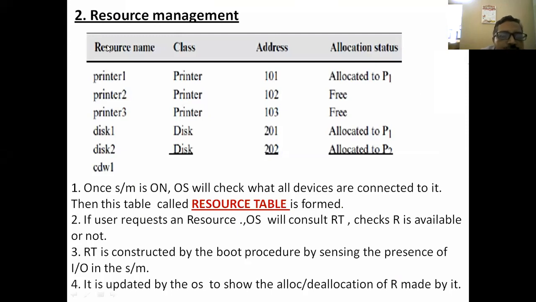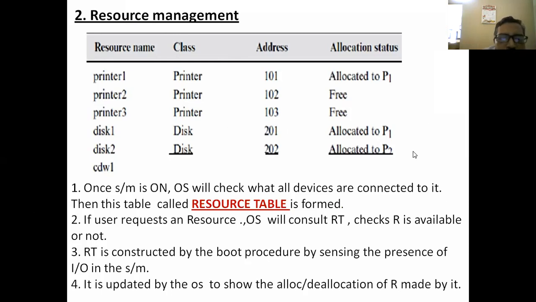Suppose a process or program is requesting a resource for its execution, how will our operating system allocate the resources to the processes, and after the use, how will the OS deallocate those resources?